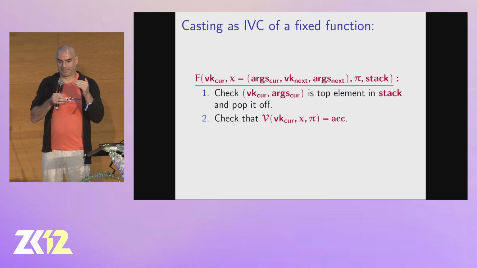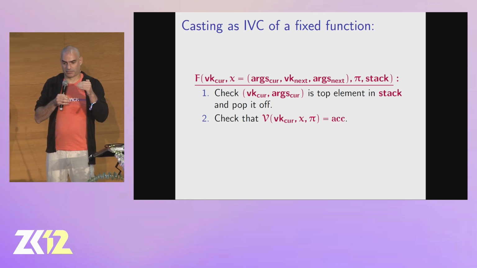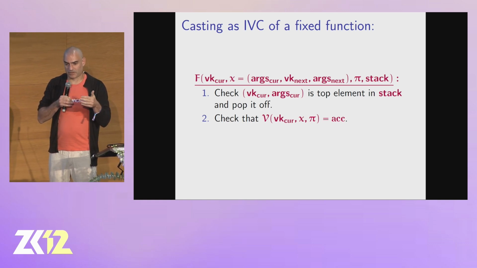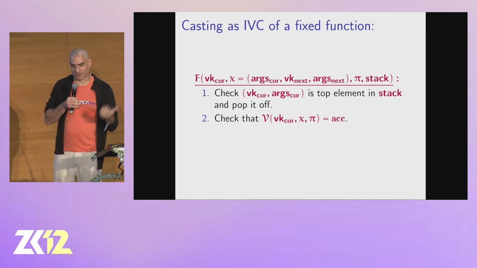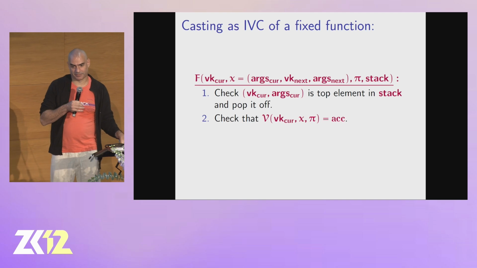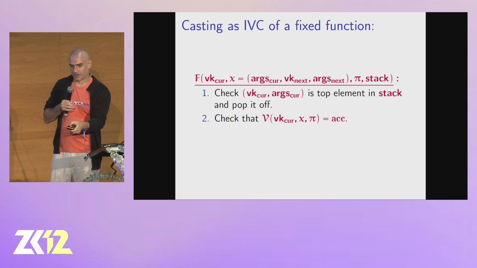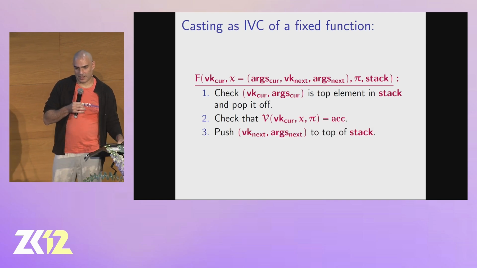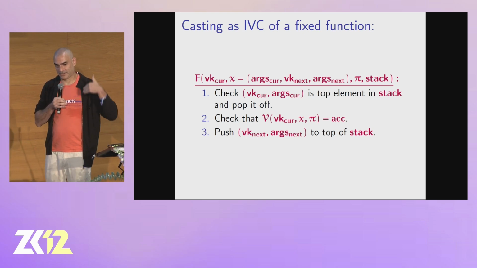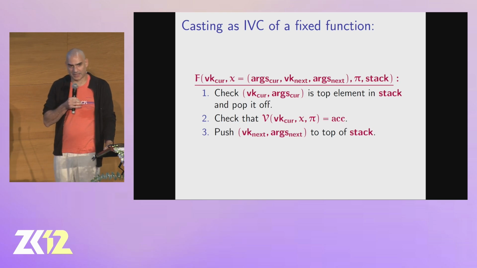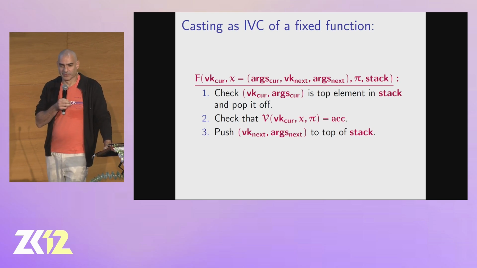It'll check that the proof pi with public input x and the current vk accepts. And it'll push to the top of the stack the next function, the next vk and the next args.